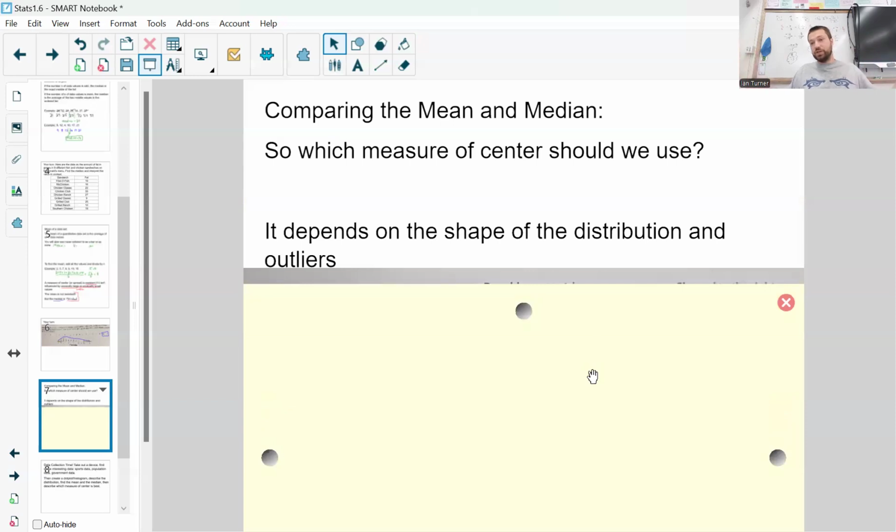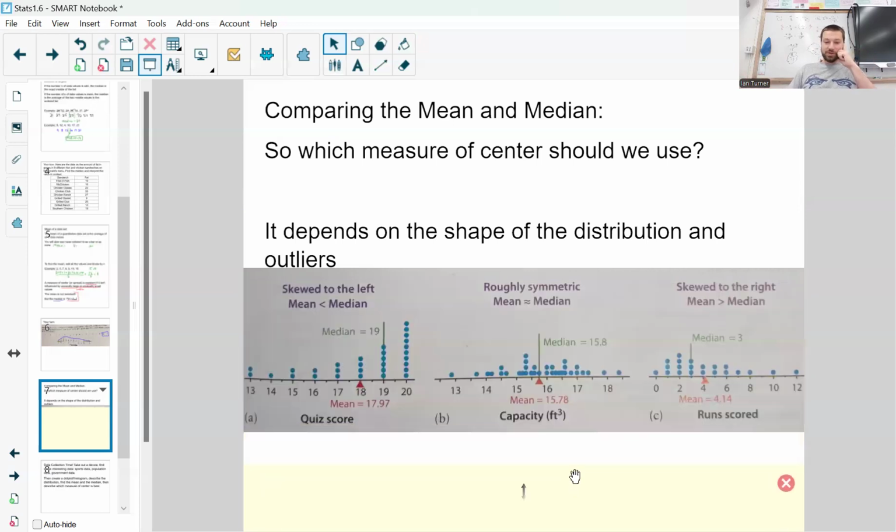But here's the thing in general. It depends on the shape of the distribution and outliers. So it depends on those two things. Here's a good visual for you of how the mean gets skewed. Look at our distribution on the left. Clearly, our data is skewed to the left.